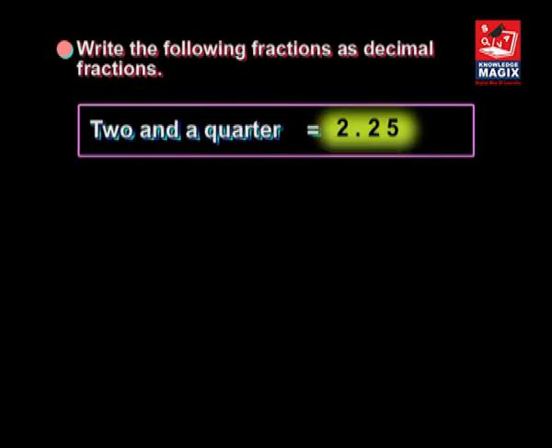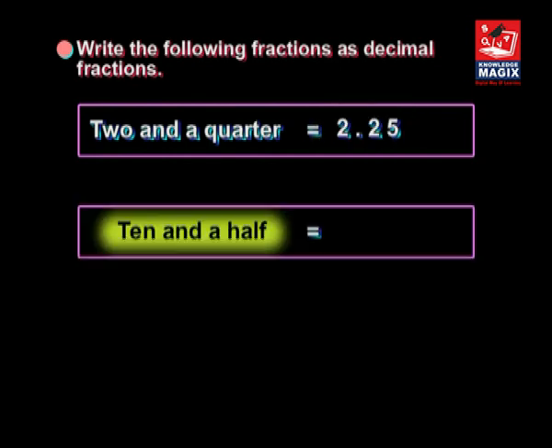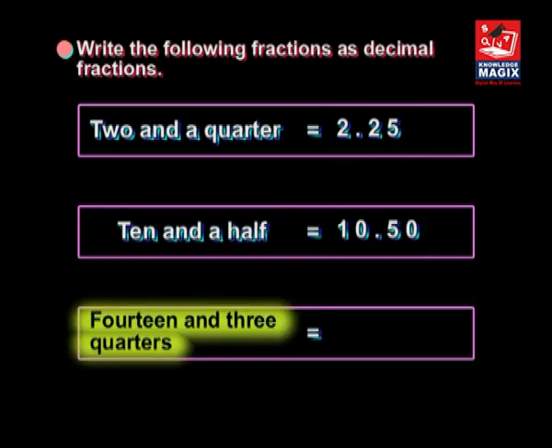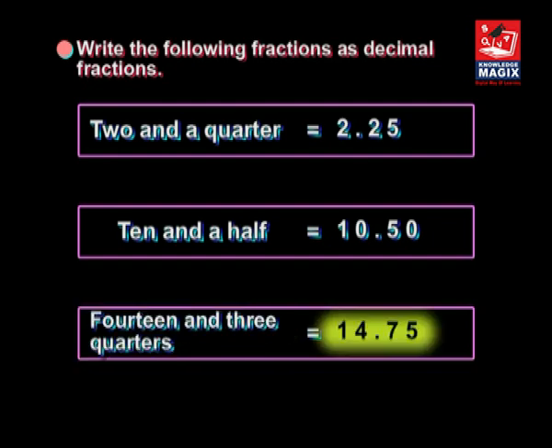Now write the following fractions as decimal fractions. 2 and a quarter is equal to 2.25. 10 and a half is 10.50. 14 and 3/4 is 14.75. Now we'll proceed to adding decimal fractions.